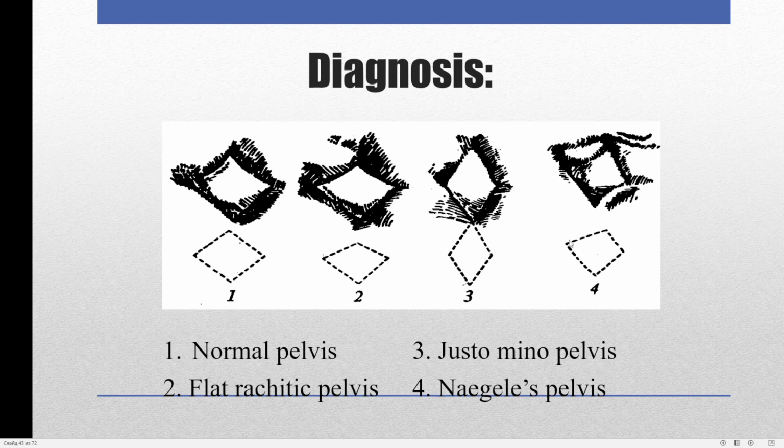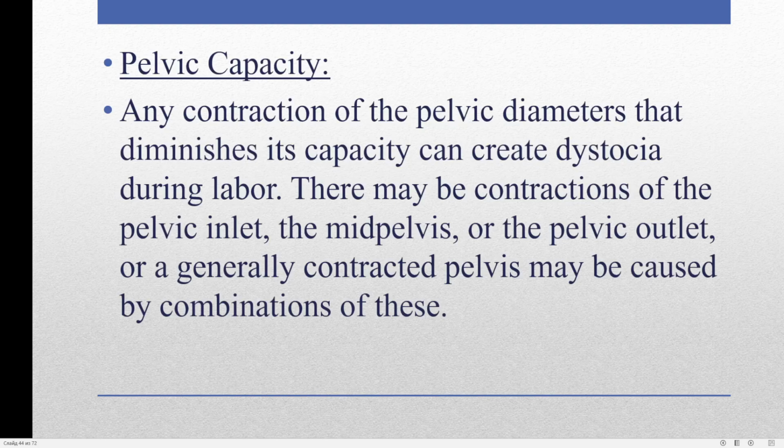You can see that all sides are different. It's very easy for diagnosis, and if we diagnose an abnormal shape of the Michaelis rhomboid, we must continue our diagnostics, because we must know about management and choose the correct tactic for labor and delivery.